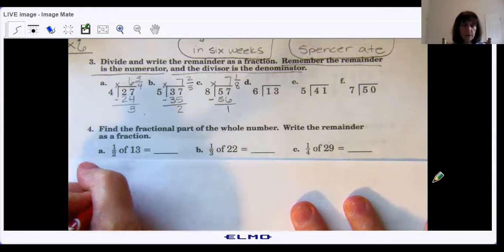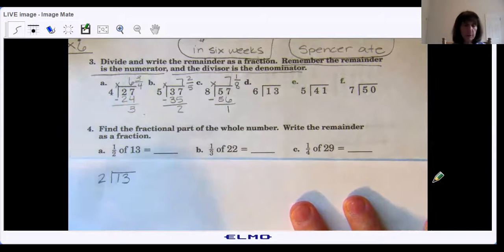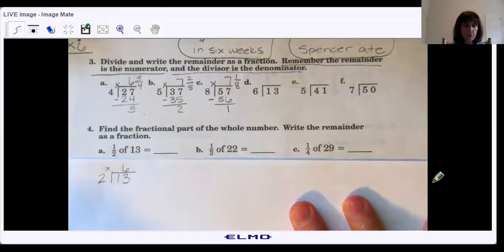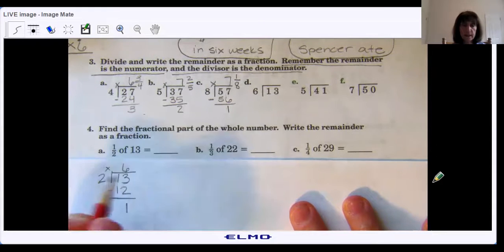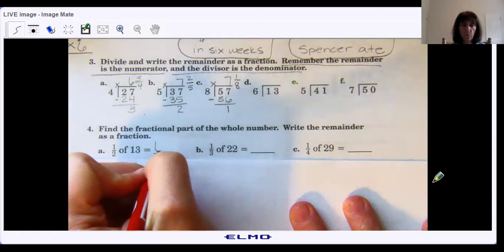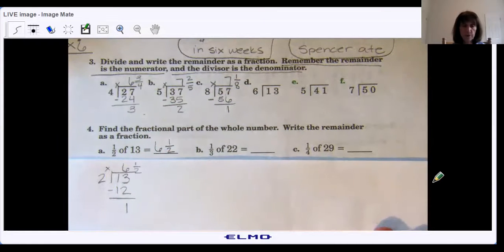So what is 13 divided by 2? 13 divided by 2 is 6. 6 times 2 is 12. Draw your line and subtract. 3 take away 2 is 1. Your answer is 6 1/2. 1 is your remainder. 2 is your divisor, or your denominator.